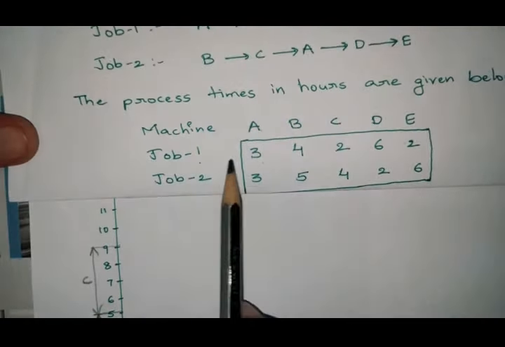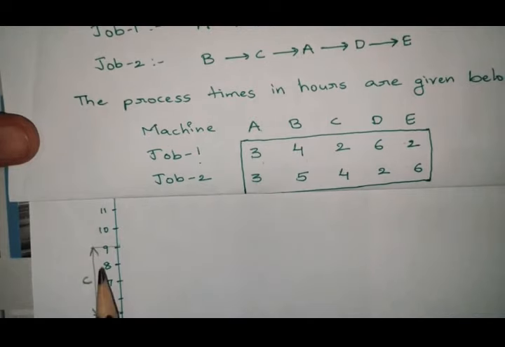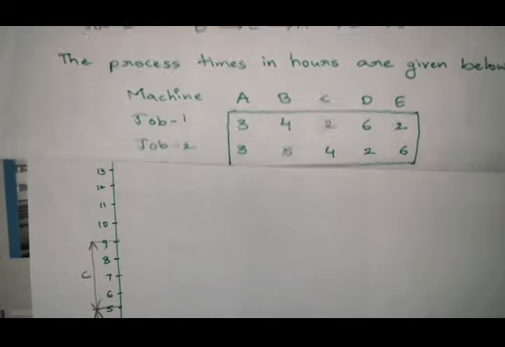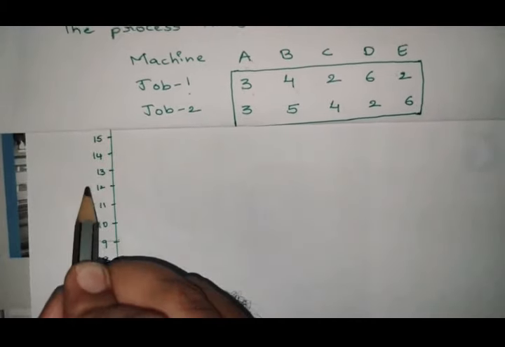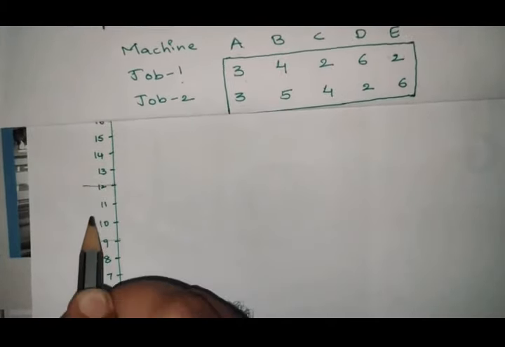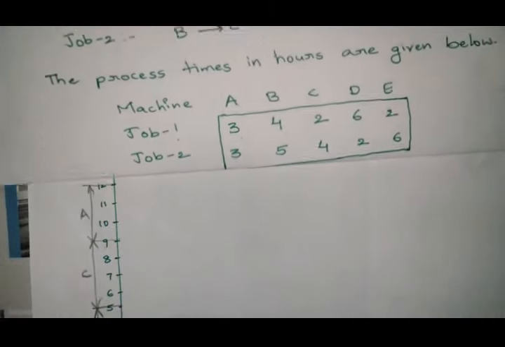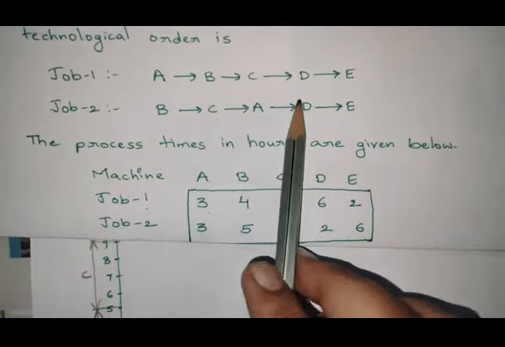A. For A it will take 3 hours, so 9 plus 3 is 12. Now represent the same thing, up to 12 hours it is A. What is the next sequence? D. It takes 2 hours, so 12 plus 2 is 14. Represent that one. It is D.